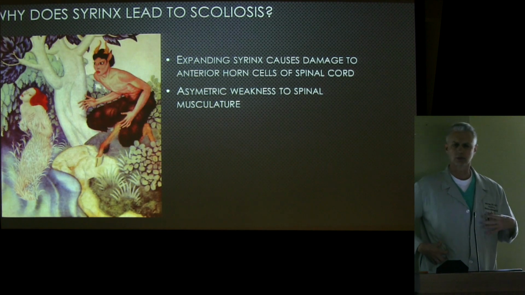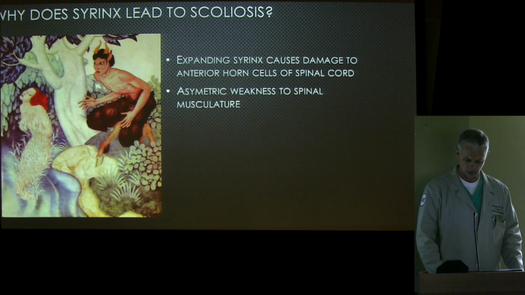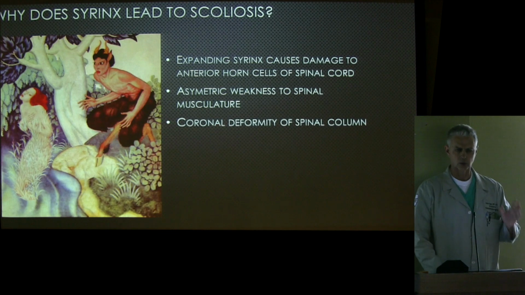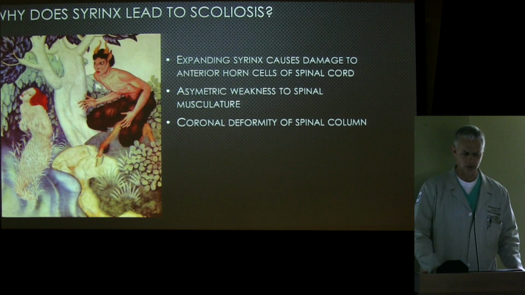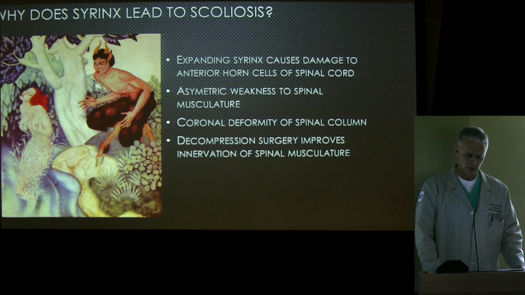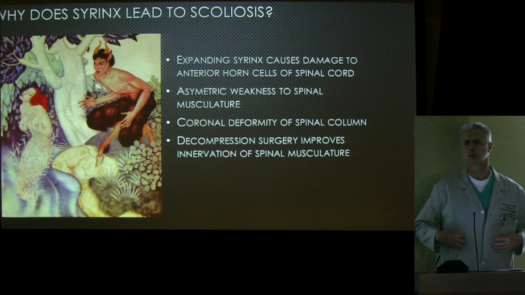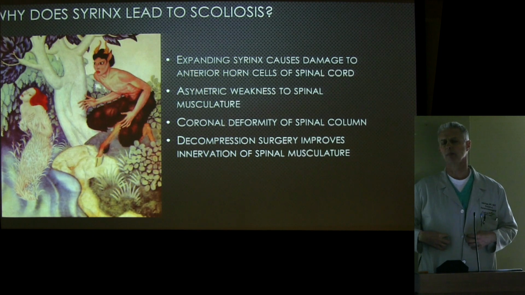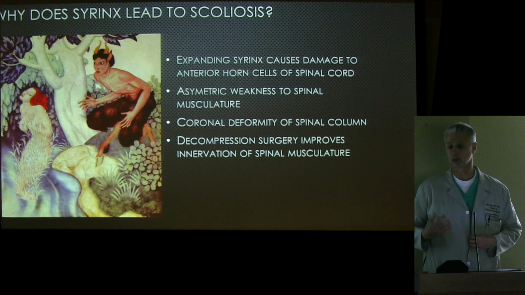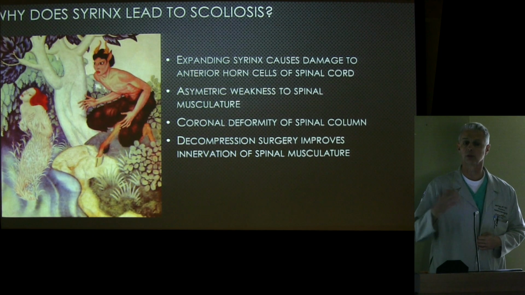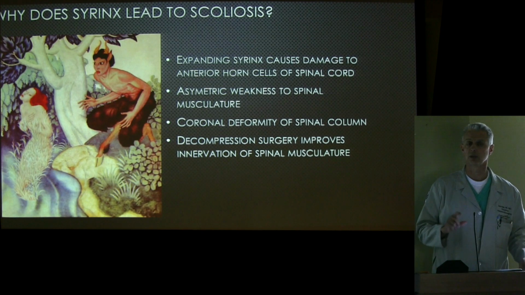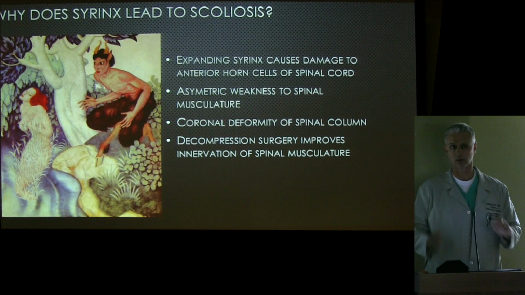Some of the muscles are strong, some of them are weak, and you start to get the curvature in the coronal plane, meaning sideways crookedness of your spine. Decompression surgery improves this. There are studies where they looked at, after you decompress somebody for Chiari, does the musculature get stronger again? Do the nerves start to work again? And yes. So that's another indication of why Chiari causes the scoliosis.